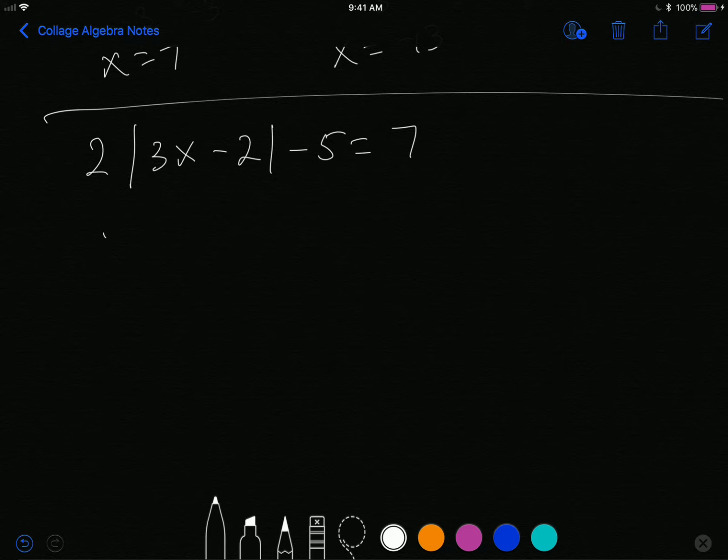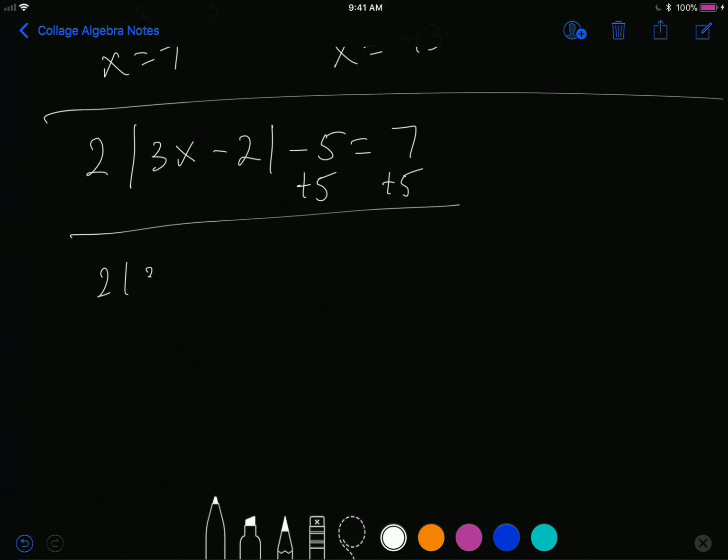What I notice is that my absolute value is not isolated. I've got this 2 and I've got this negative 5. And so what I have to do is get rid of them first. We work PEMDAS backwards, and so that means I've got to get rid of the 5 first, so I'll add 5 to both sides to make it go away.